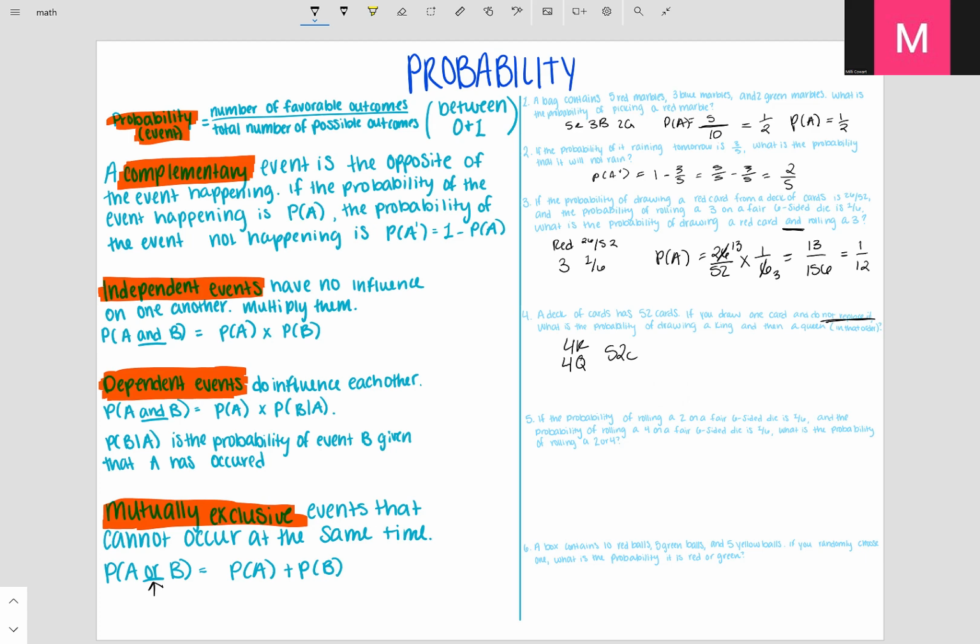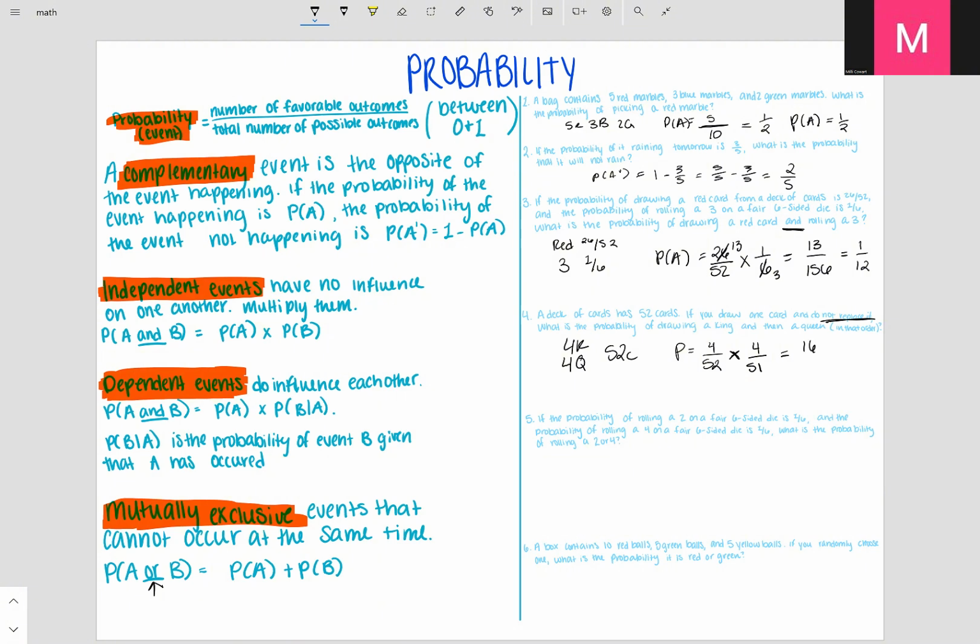So we'll do the probability of A first. So that'll be 4 out of 52. And then we want the queen. So we multiply these, this will be 4 out of 51.